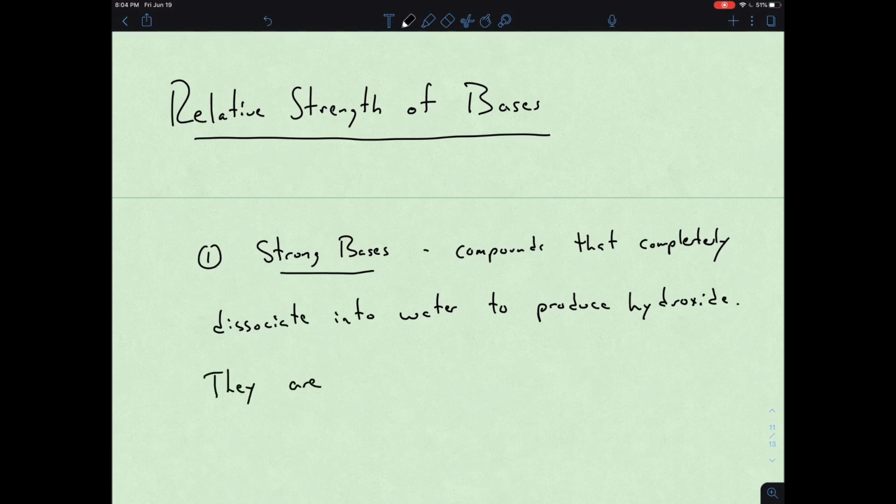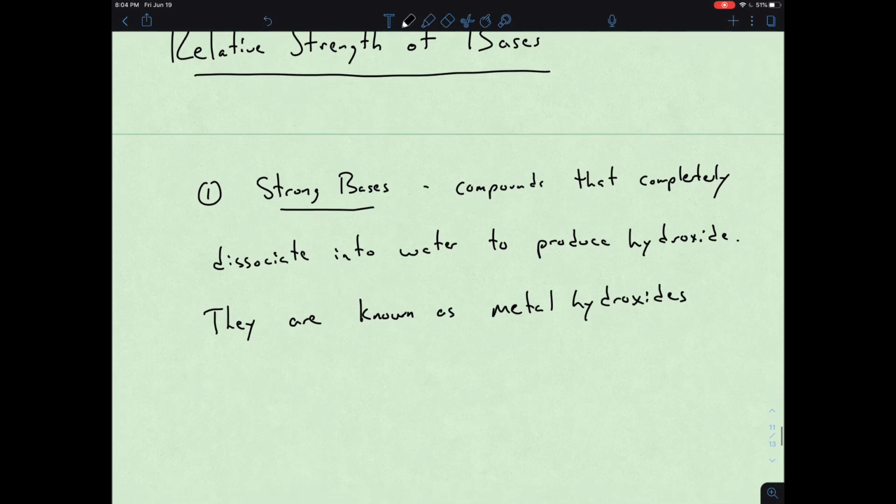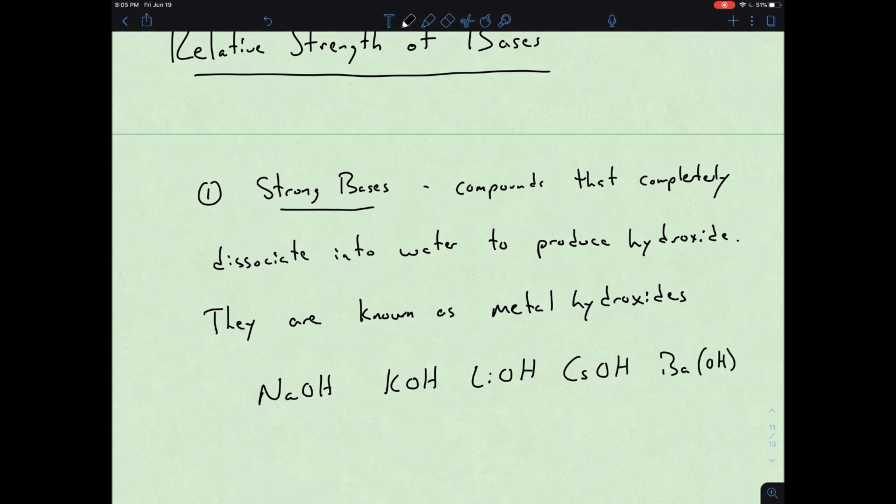They are known as metal hydroxides. So we're looking at sodium hydroxide, potassium hydroxide, lithium hydroxide, cesium hydroxide, barium hydroxide.